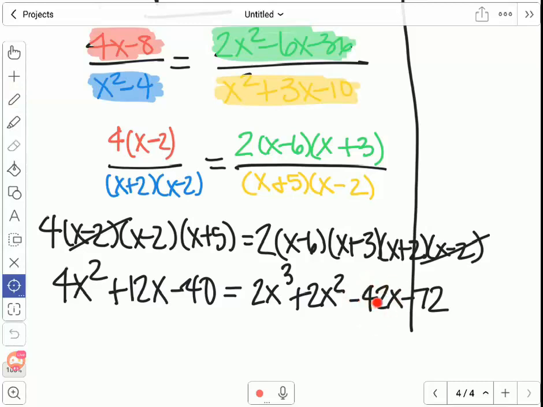I'm getting 42 and the other person is getting 48. Hold on, let me check the math. Because I definitely want to make sure that I'm doing this correctly. Because obviously we want to be right.